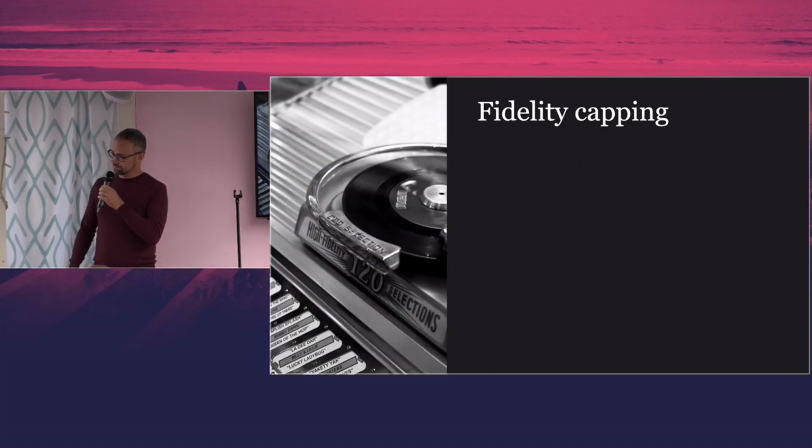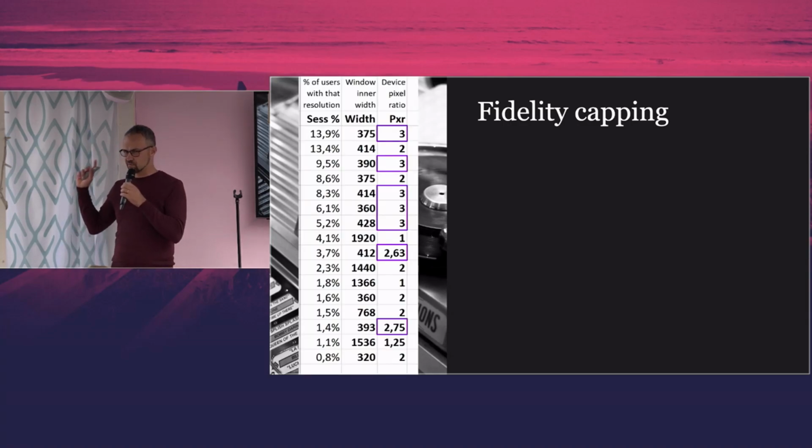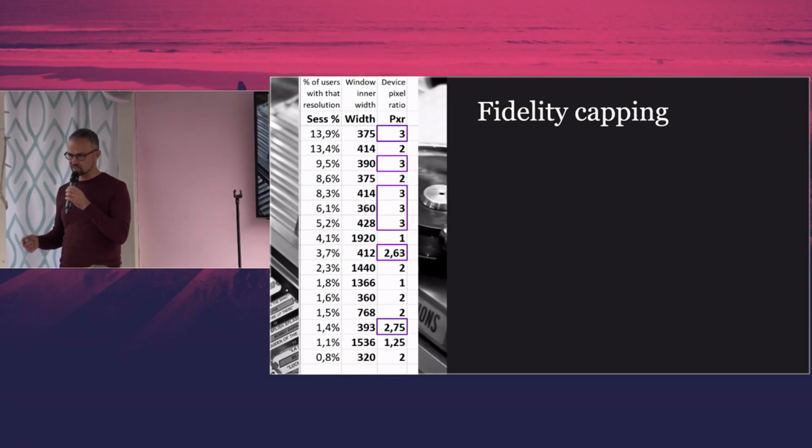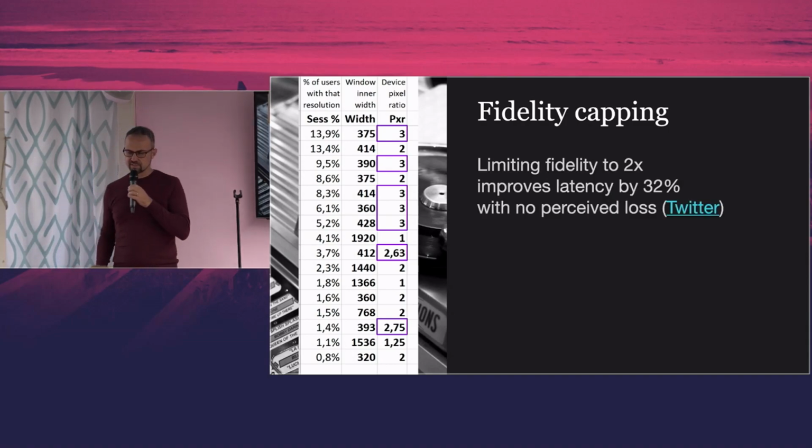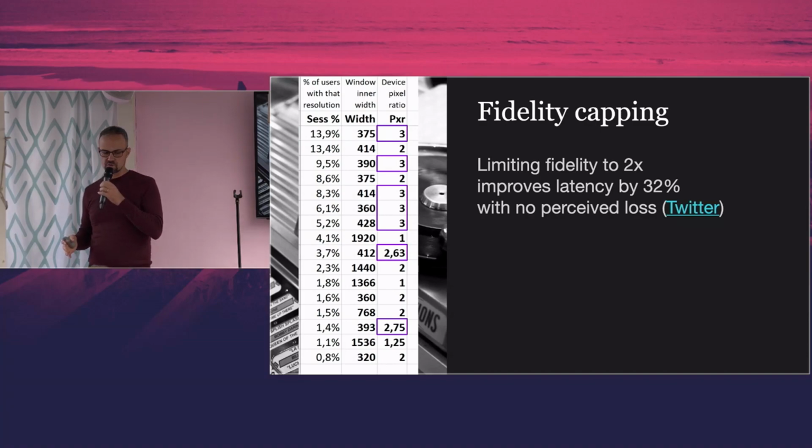Bonus points, we can do fidelity capping, which means, remember all of those devices with a pixel density higher than 2? They call them super retina liquid mega displays, right? Twitter did a study some years ago, and they saw that limiting fidelity for images to 2 times improved latency by 32% with no perceived quality loss.